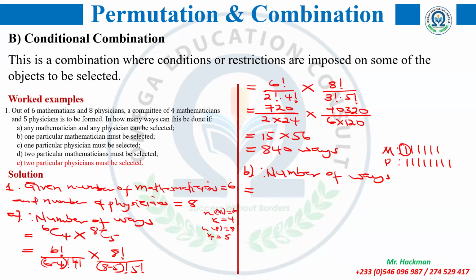So one person is automatic. For mathematicians, you've selected one, but how many mathematicians are supposed to be in the committee? How many mathematicians must be part of the committee? 4. So if one is selected, how many more do you need to select? 3.